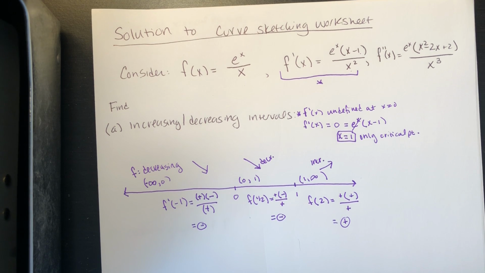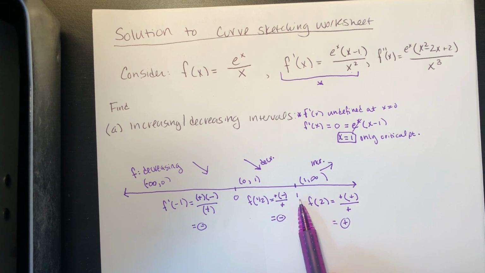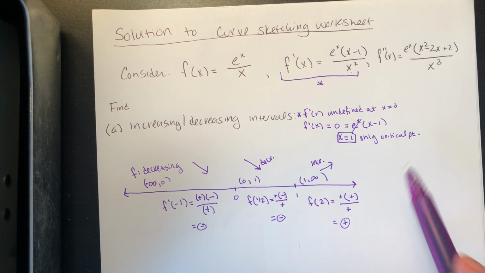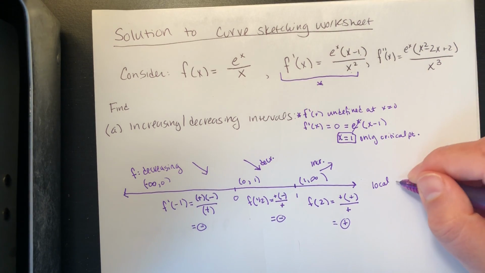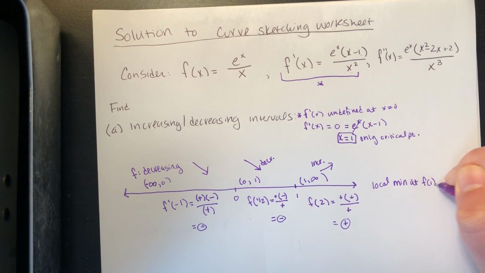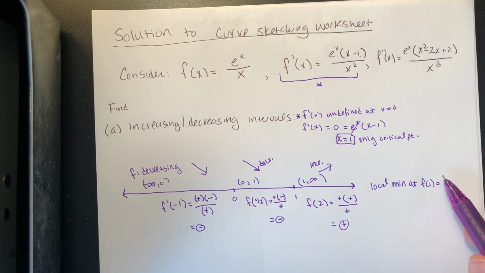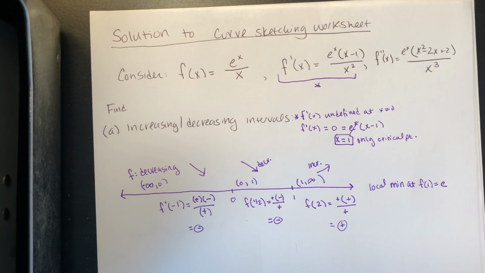All right, now f was undefined at 0, so that was never going to be a max or a min anyway. But at x equals 1, we change from decreasing to increasing. If we're going down and up, it's going to be a local min at f of 1. If I plug 1 into my original function, I get e to the 1 over 1, which is just e. So 1 comma e is going to be our local min.